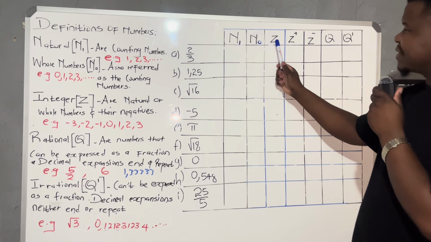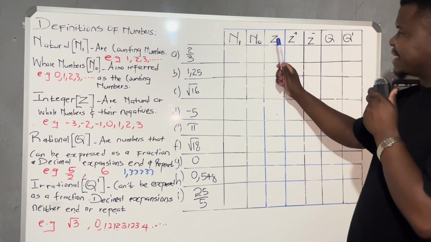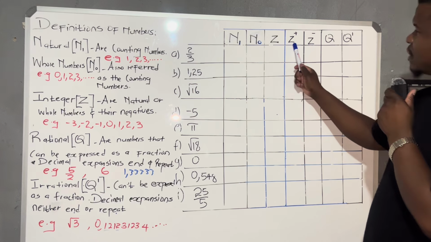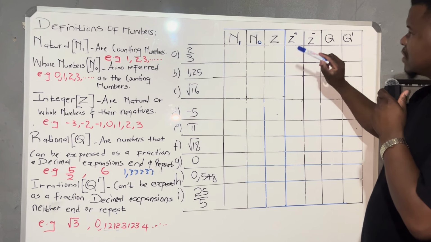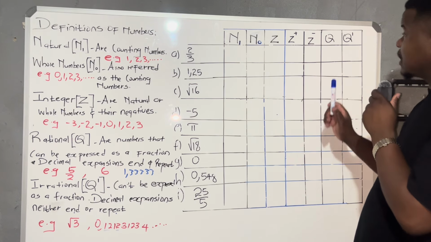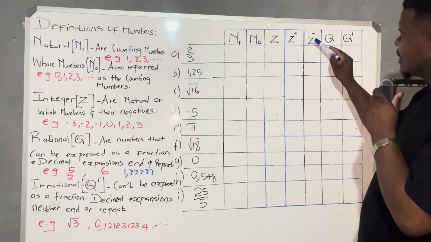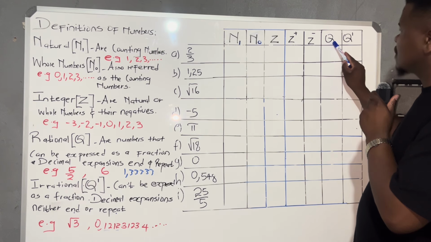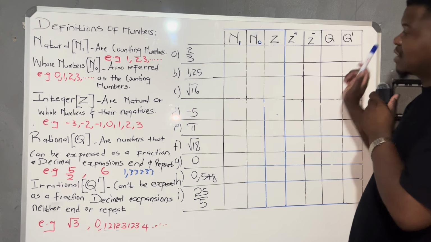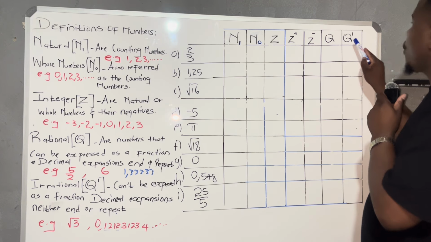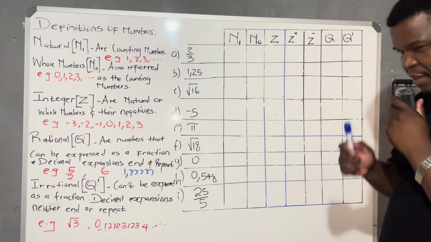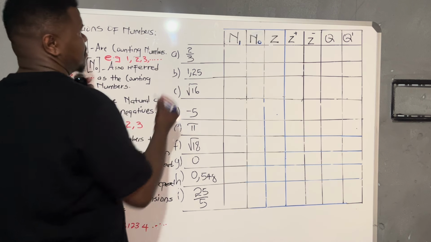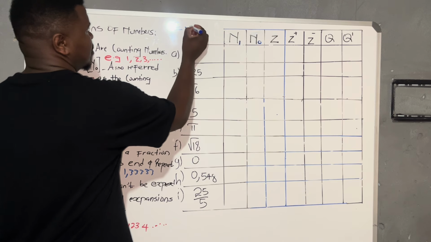And the Z is for the integers. It takes both the negative and the positive numbers. But only here are the integers that are only positive. It's focused on the positive integers only. Now these are the integers that are negative. Now we are having this Q for rational. As long as you remember what rational is and what irrational is. So my advice, because this is strictly for the exam.